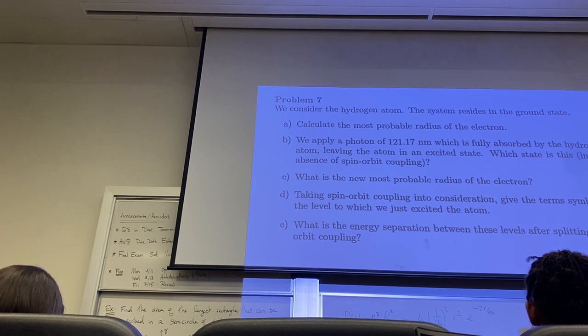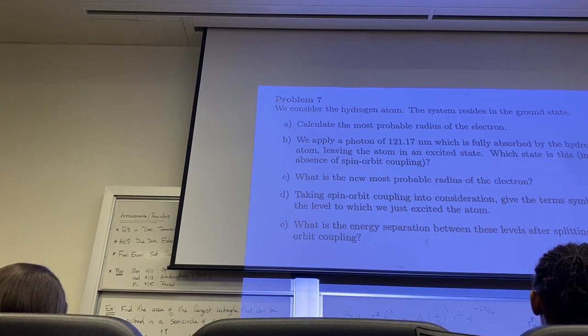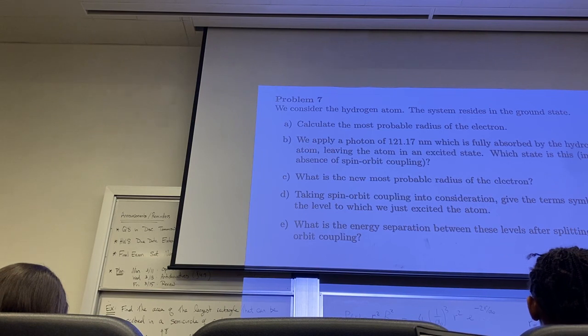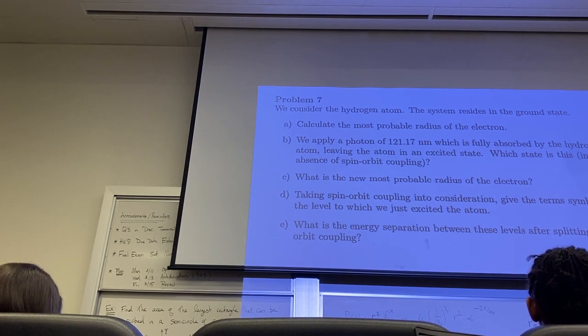Whenever this is 0, and that is going to be 0 when r equals a0, because then you get 1 minus 1 equals 0. So, the answer here is r star equals a0. That is an expected result because the most probable radius of the hydrogen atom is the Bohr radius. That's the definition of a Bohr radius. It's the most probable radius of the hydrogen atom.